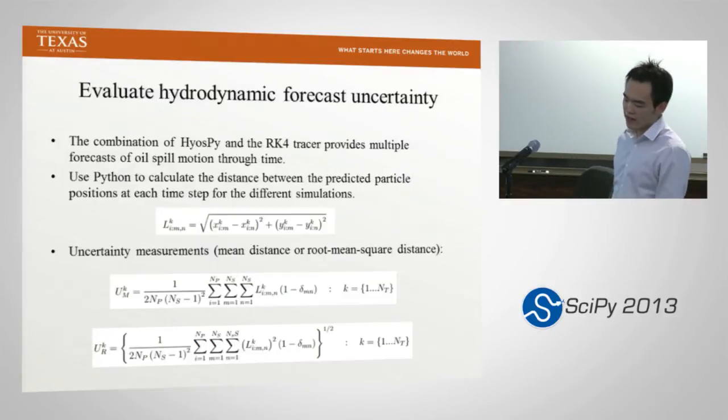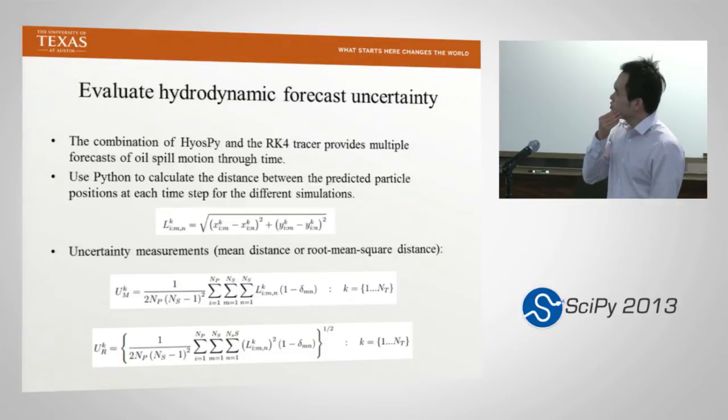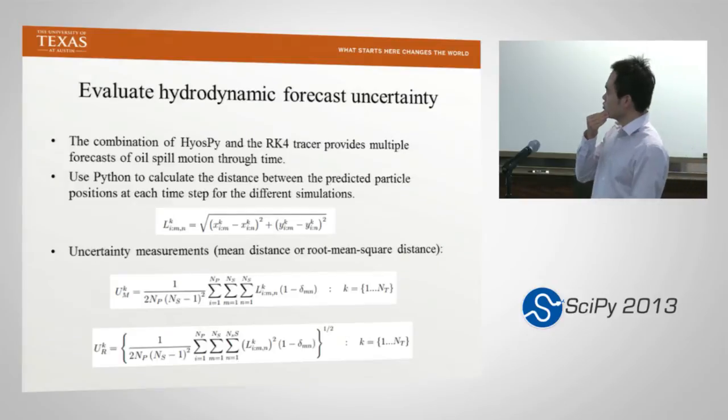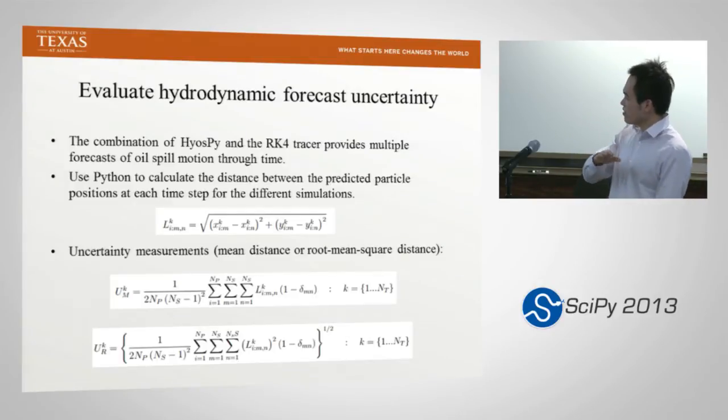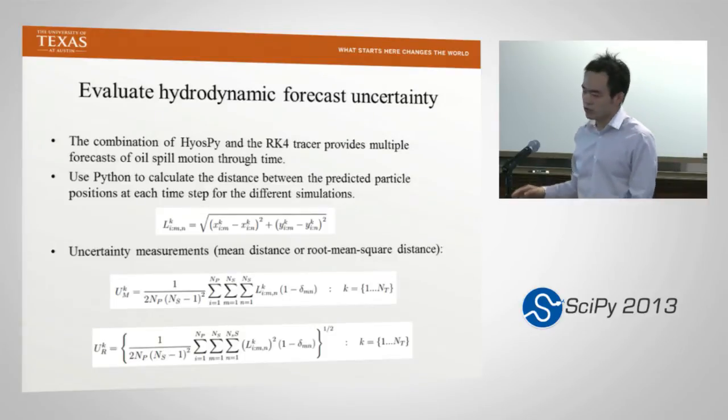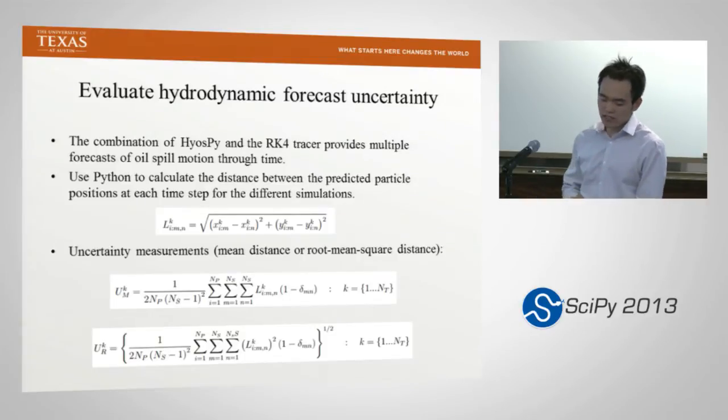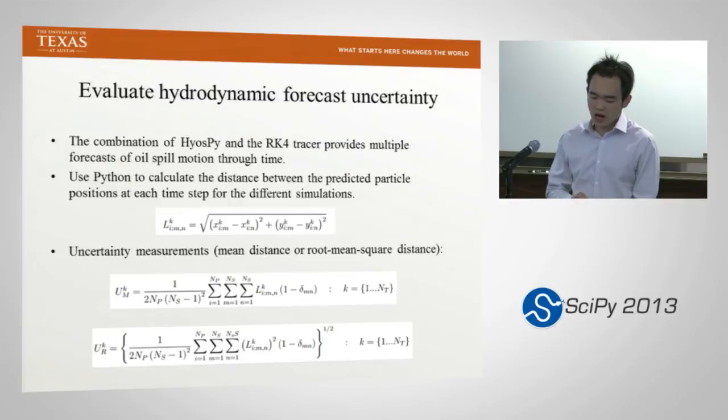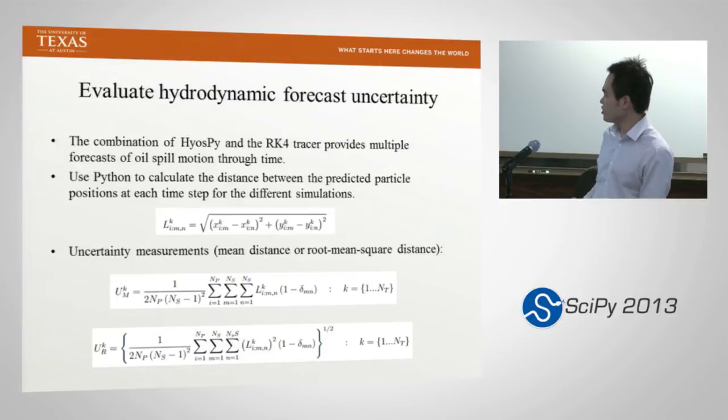So finally, we used Python to evaluate the hydrodynamic forecast uncertainty. Basically, we use Python to calculate the distance between the predicted particle positions at each time step for the multiple different simulations. Then we use Python to calculate two uncertainty measurements.